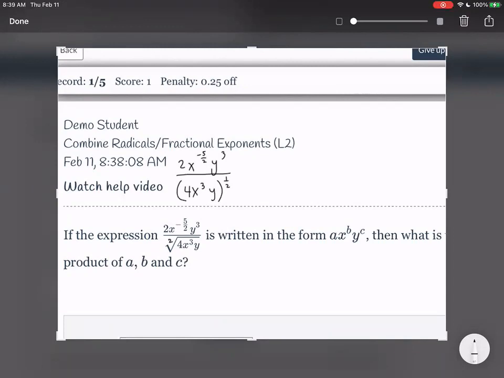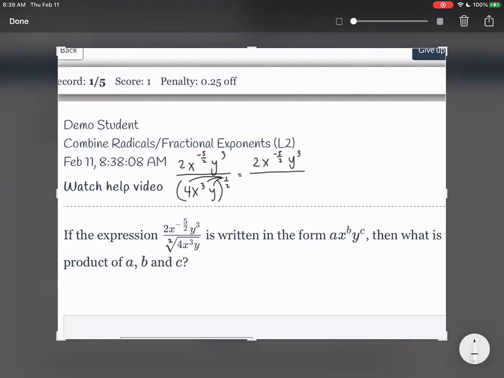And now we can distribute that 1/2 into everything inside the parentheses. So I'm just going to keep the top the same, 2x to the power of -5 over 2y cubed. It just stays the same. We're not touching it yet.